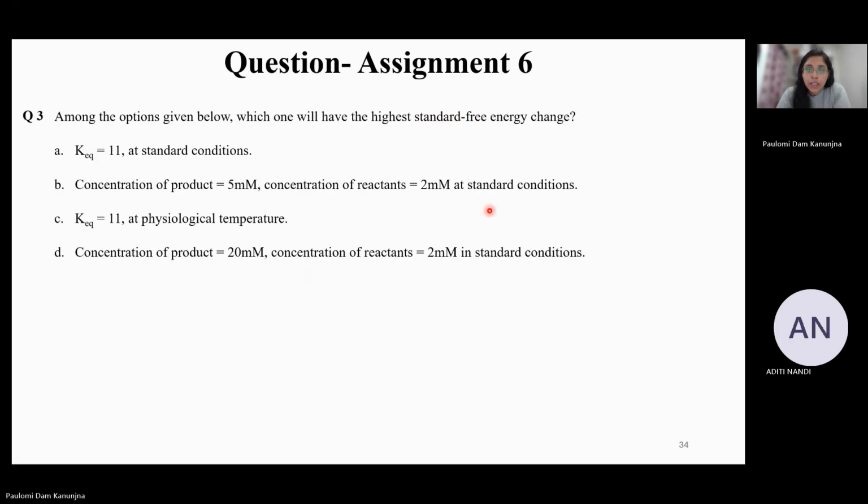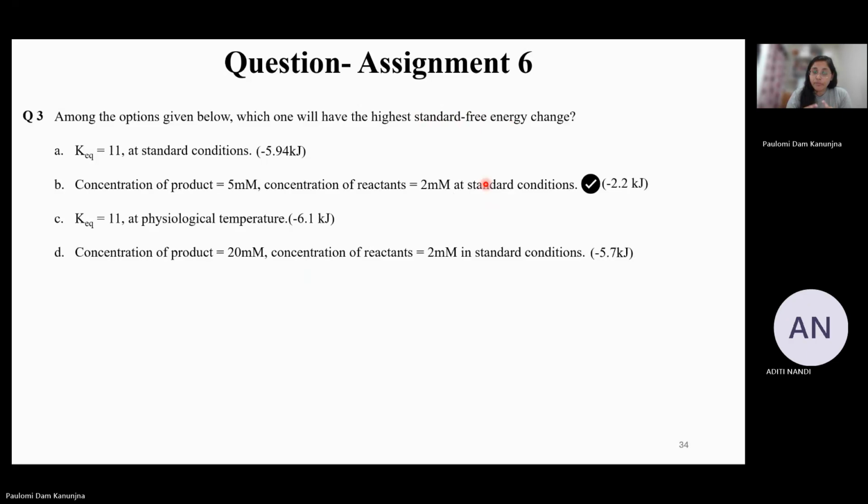B. Yes, exactly. And these are the values for each of them. If you look into K equilibrium as 11 at standard condition, which is pH being 7, all the substrate and product concentration being 1 molar and 25 degrees centigrade, and you replace it by K equilibrium as 11, this is the delta G. Then if you replace your concentration of product and reactants at 5/2, this is what the energy change is.